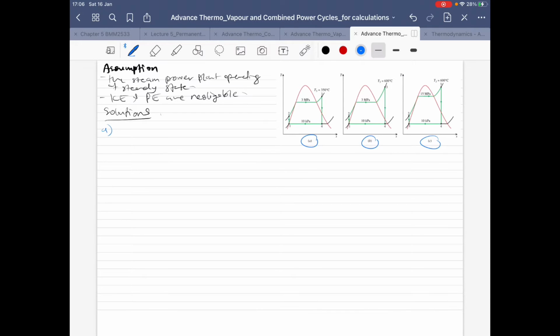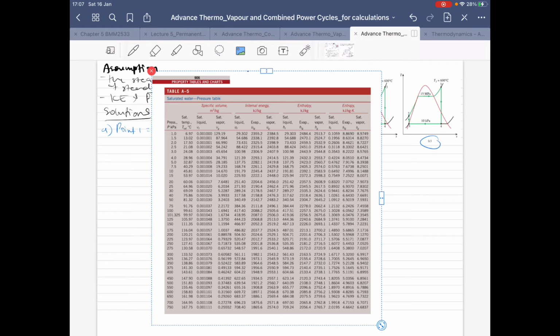Okay, so for question A, point 1, the pressure is 10 kPa. Do they have the temperature? No. So what we can do, we read table A4. So what we do, we read table A5.